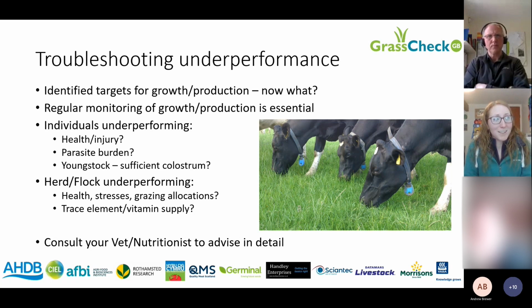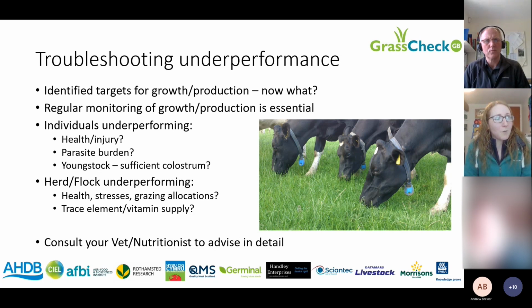This highlights the importance of regularly monitoring your production, which is easy for dairy cows, but with growing stock, your suckler herd and your breeding ewes, make sure you regularly monitor both body condition score and weight so that you can see how they're doing.